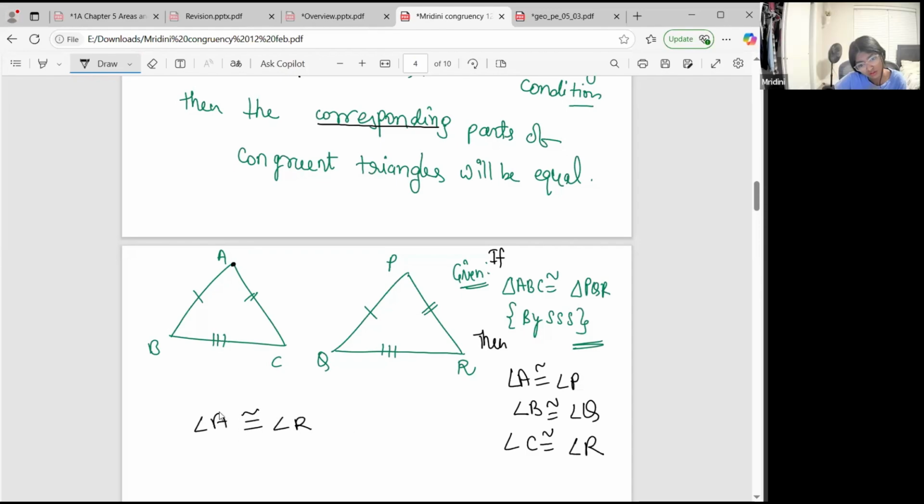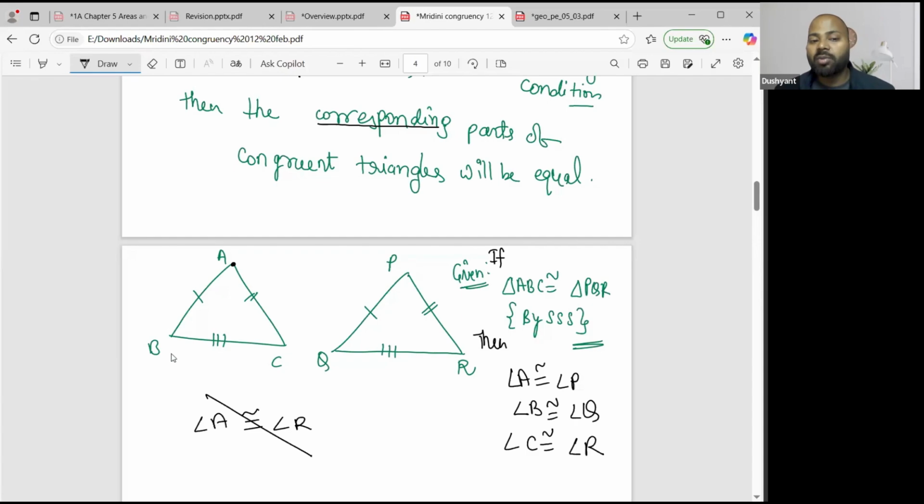No. This is the meaning of corresponding: this angle A, this point A, must be aligned with angle P. Angle A can't be aligned with R. If someone changes the alignment, puts R on top, and says A equals R, that's not correct.